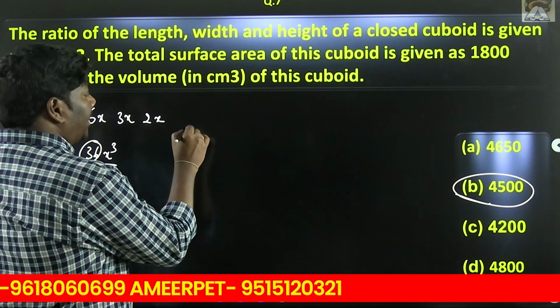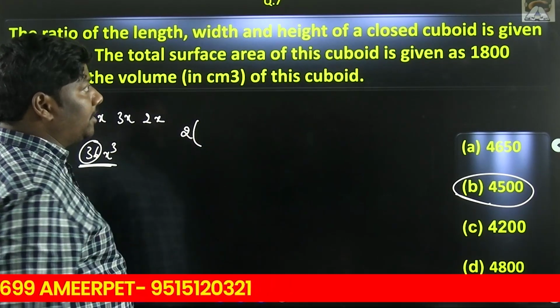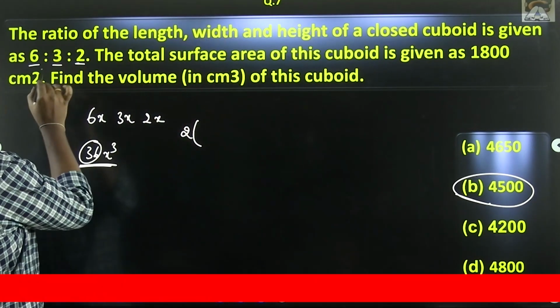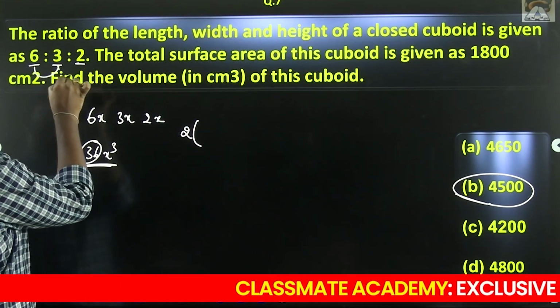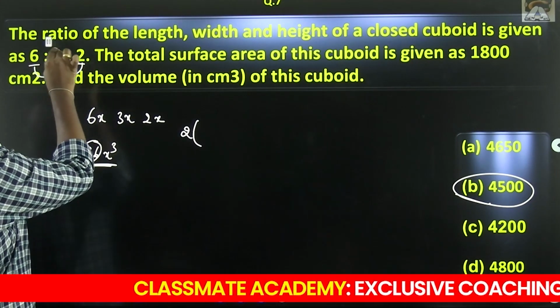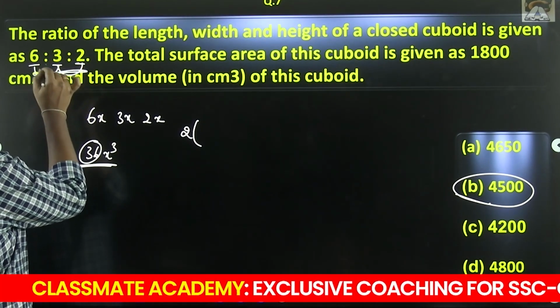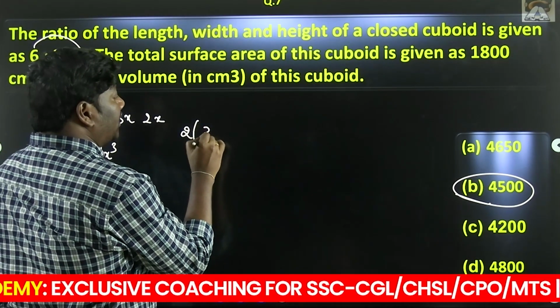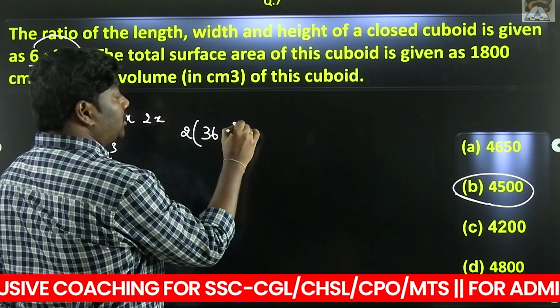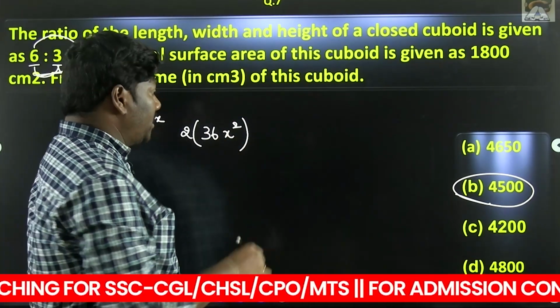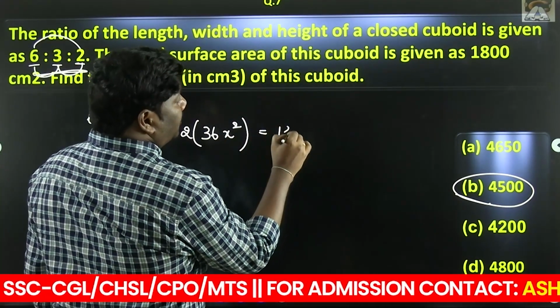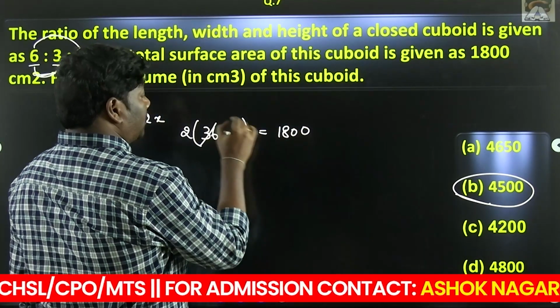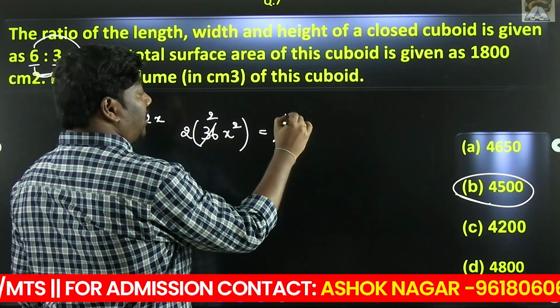We know 2 into LB plus BH plus HL. LB, BH, HL: 18 plus 6, 24, 24 plus 12, 36. Therefore, 36x square. I am using 2(LB plus BH plus HL) equals 1800, so 18 2s are 1800.